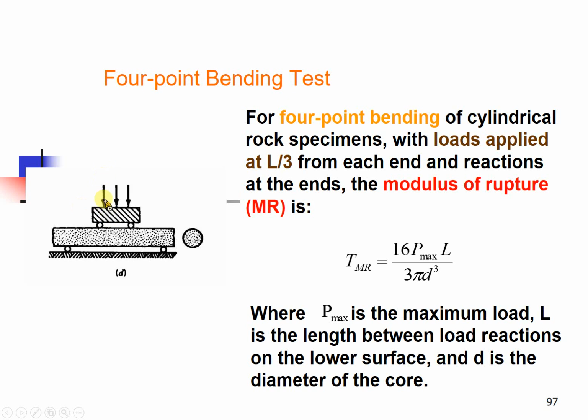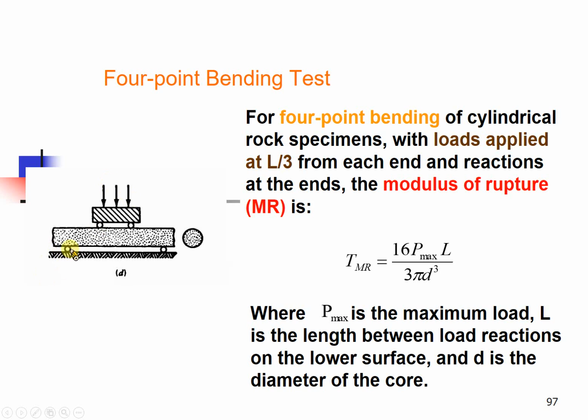If you apply a load here, then this load will transfer to these two points. Call the load P, then each of these two will be P divided by 2. These two will be the total load.